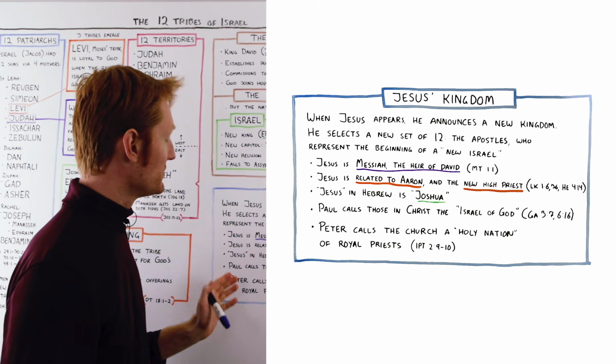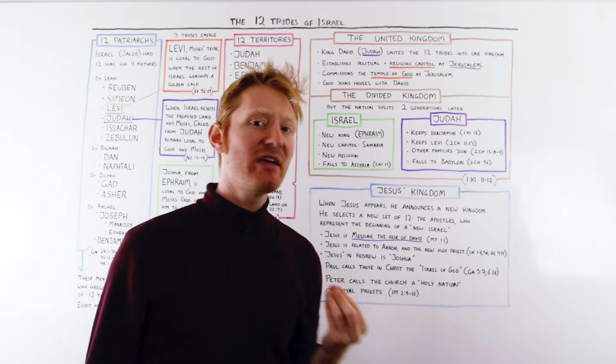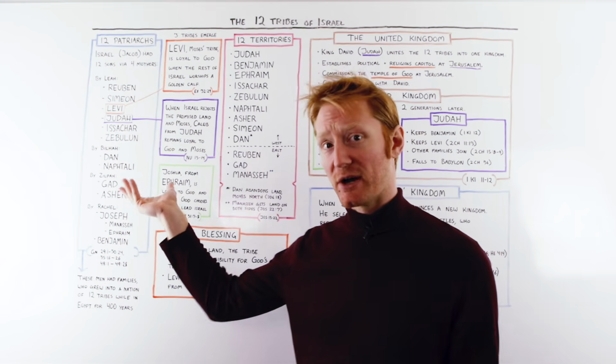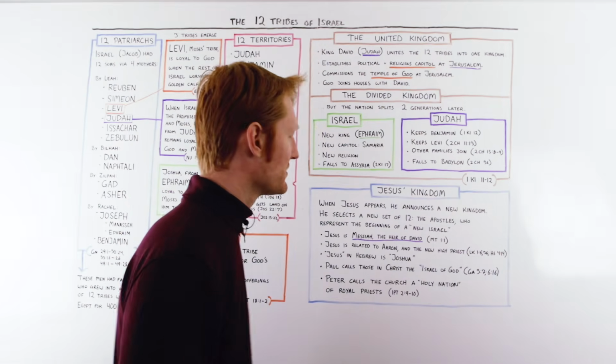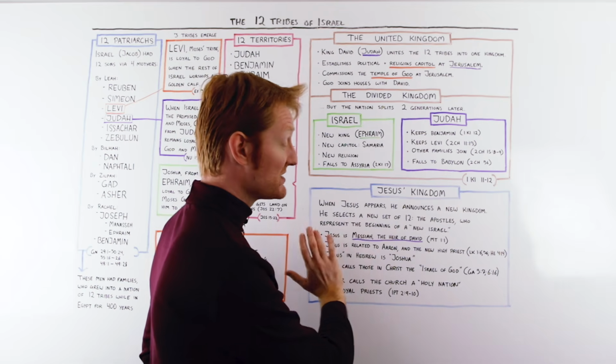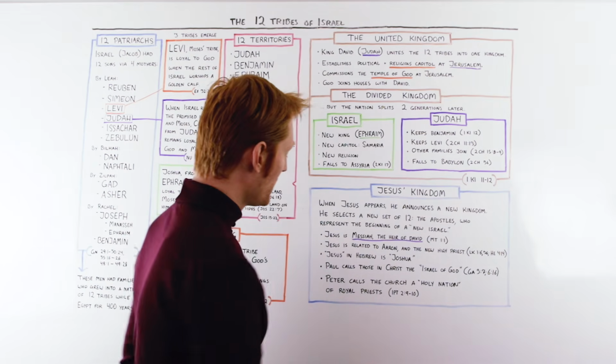Paul, who is an apostle, calls those in Christ the Israel of God. He says that if you have faith, then you are a child of Abraham, a true child of Abraham, which is very, very interesting. There is this spiritual Israel that is open to people that aren't genetically Jewish.